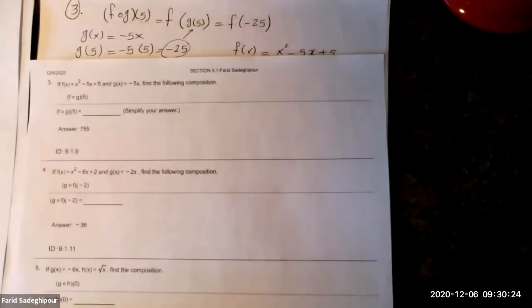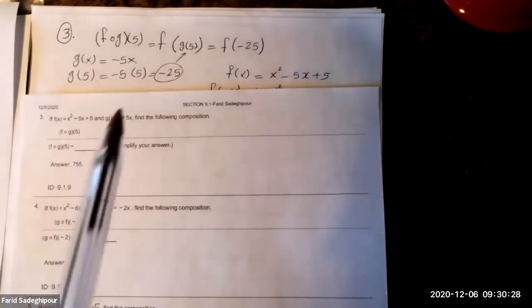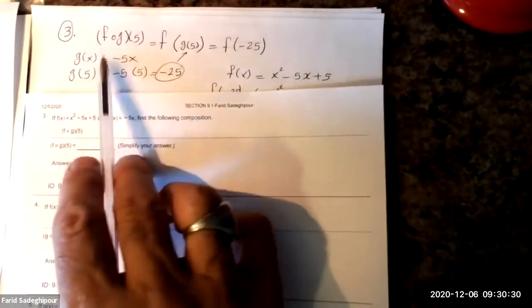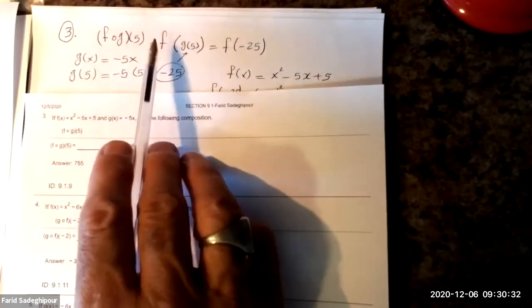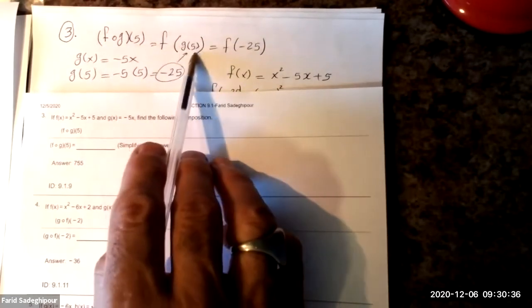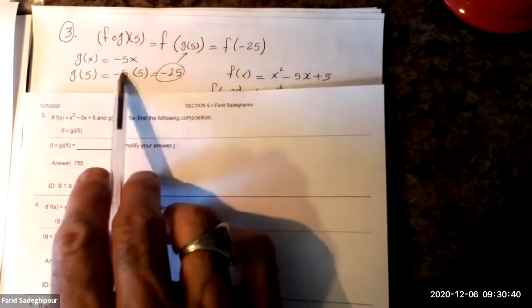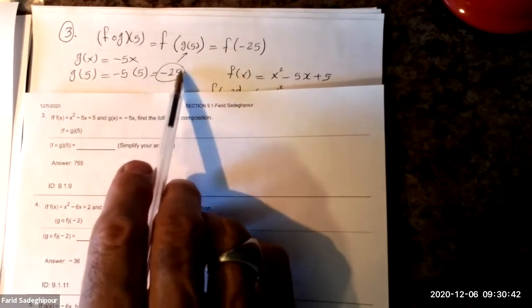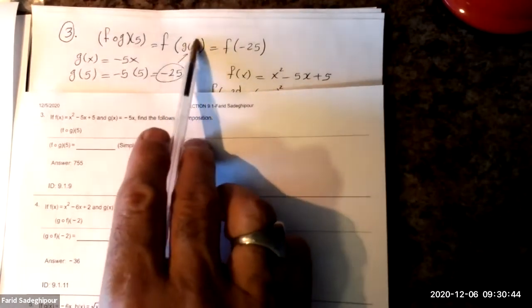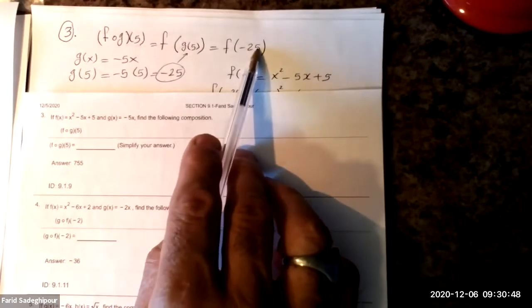FOG of 5. Okay. What does FOG of 5 mean? Again, G is closer to 5, so that means F of G of 5. You have to find G of 5 first. You go to the G function and you put 5 for x. So that would be what? Minus 25, right? So you take this minus 25 and you put it here. So now you have f of negative 25. How do you find f of negative 25?